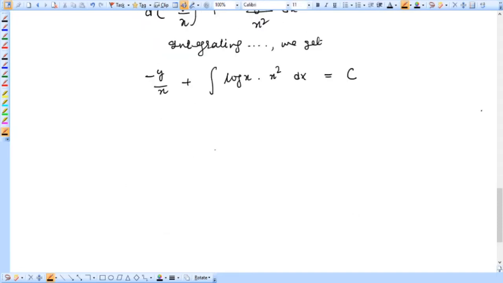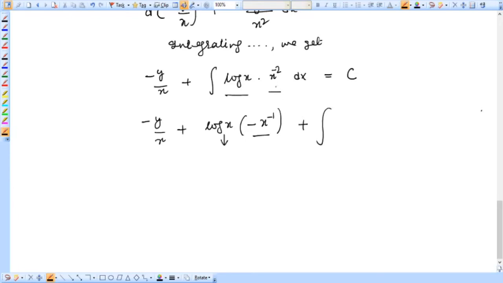Now see here how we are going to integrate it. This would be as it is, and for the integration of this, we take log x as the first function, and the integration of x to the power minus 2 would be minus x to the power minus 1, minus the integral of the differentiation of the first function and the integration of the second function.